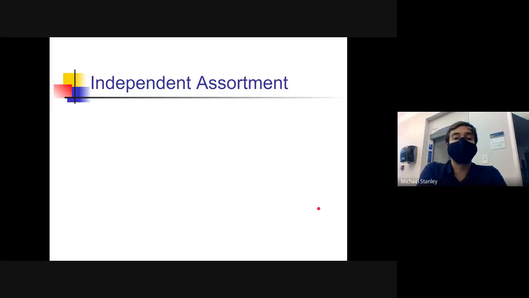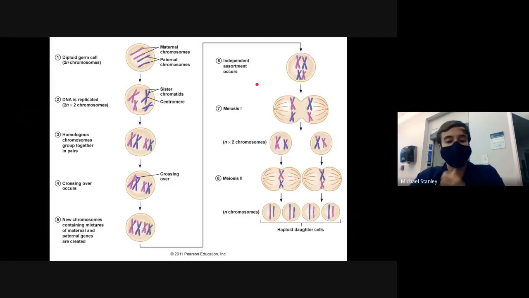One other important thing about meiosis that goes on, that's very critical, is called independent assortment. You may have seen it mentioned earlier if you're reading through all this stuff right here, where we have these different chromatids, right? They did their little crossing over where they switched the stuff around.